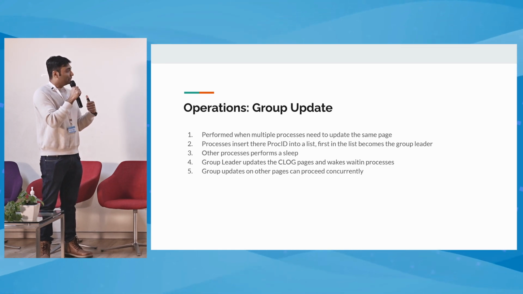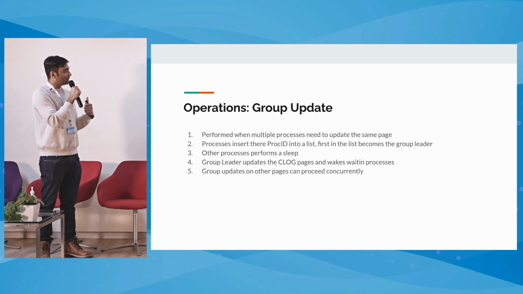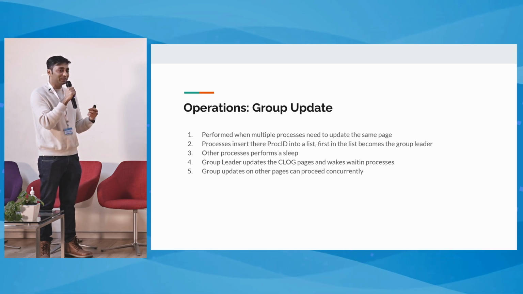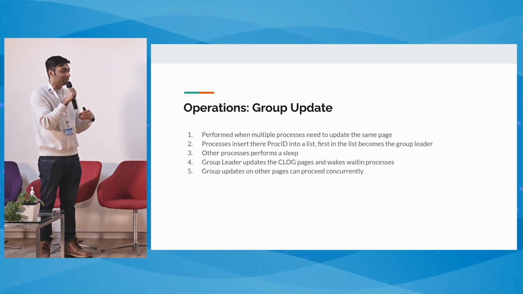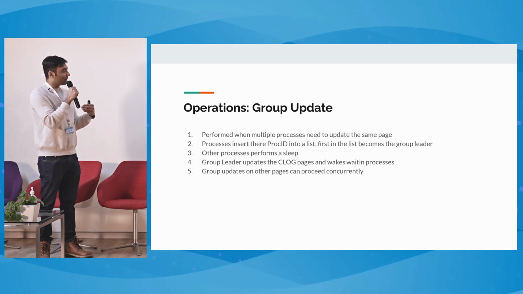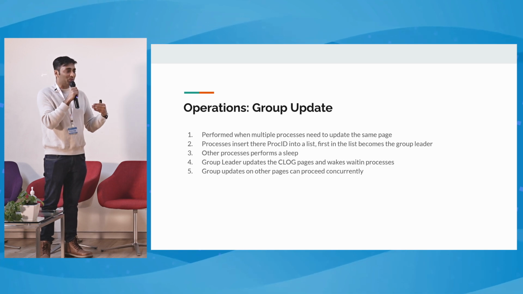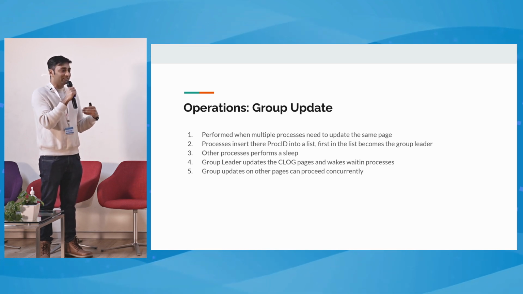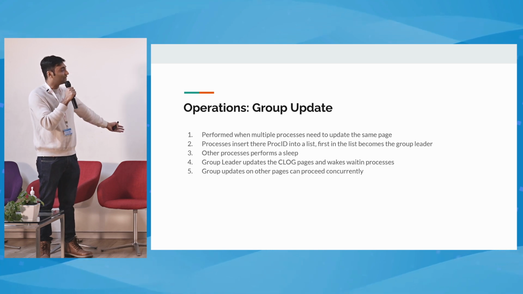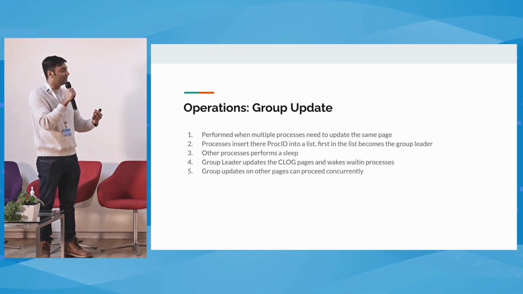So here, the process which is trying to update a page checks whether there are any other processes trying to update a transaction on that exact same page. If there is such a process, it will insert itself into a list, saying that I'm also a process, and these are my transactions which need to be updated.